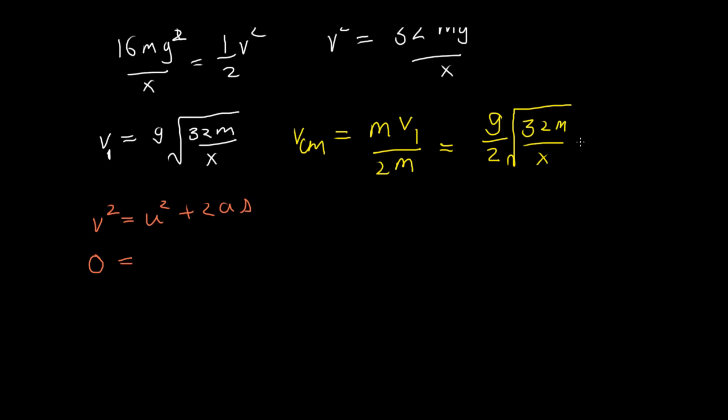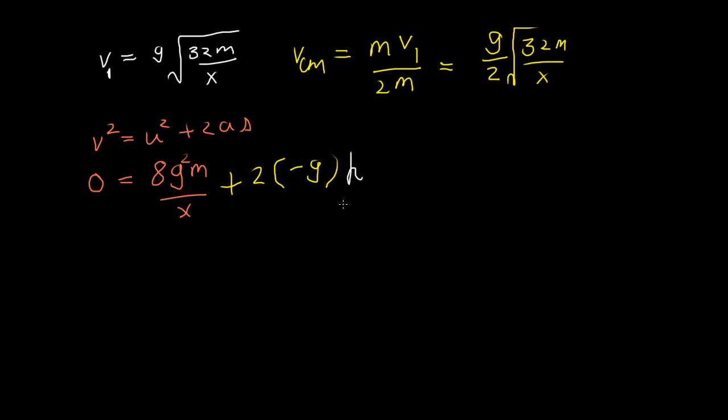If we square this term, you get 32 over 4, which is 8 g squared m over x, plus 2 times negative g, because it's slowing down, so I take that as negative, or you can visualize that as vectors. And s is what we have to find out, so I'll just write it as h.